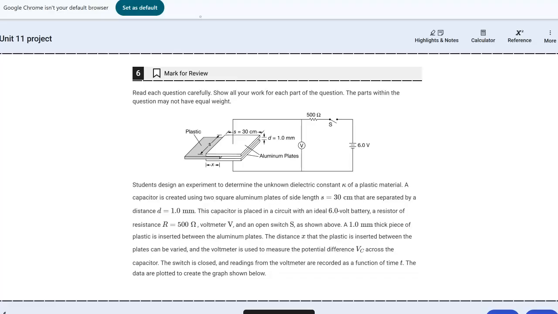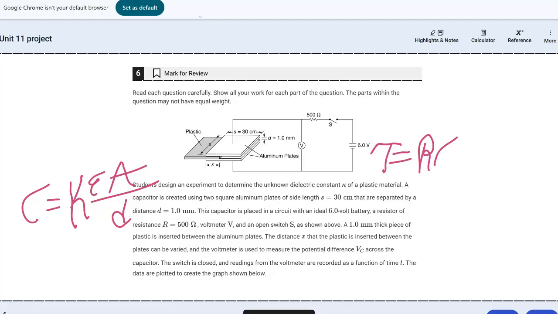For this, we're going to need to know the capacitance equation, and that's the dielectric constant times the permittivity of free space times area over distance. And then our time constant, it's going to be RC. And then our half voltage time, T 1/2.